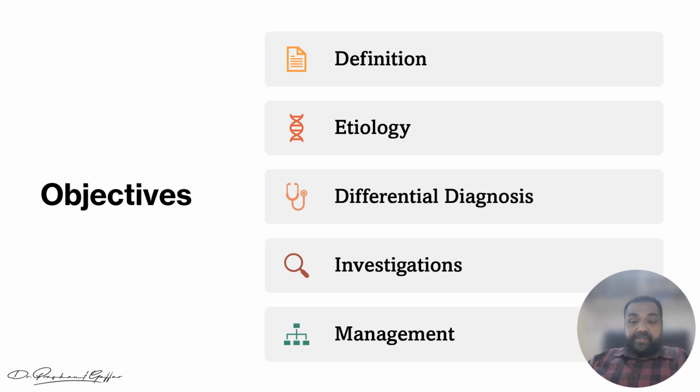After the end of the session, you must know the definition of leukocytosis and leukopenia, the different etiologies of leukocytosis and leukopenia, the differential diagnosis of leukocytosis and leukopenia, which investigations are useful to determine the cause of the leukocytosis or the leukopenia, and the management, including homeopathic management, of leukocytosis and leukopenia, right? So let's see the first one, that is leukocytosis.